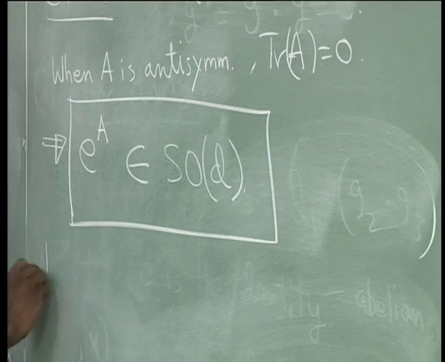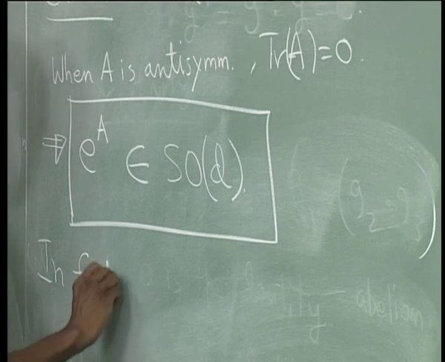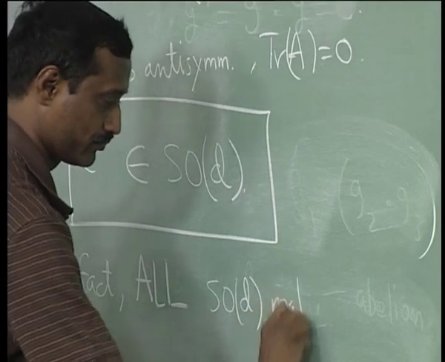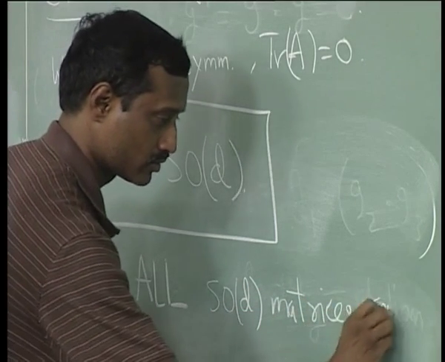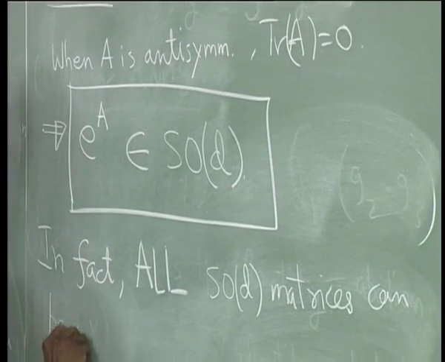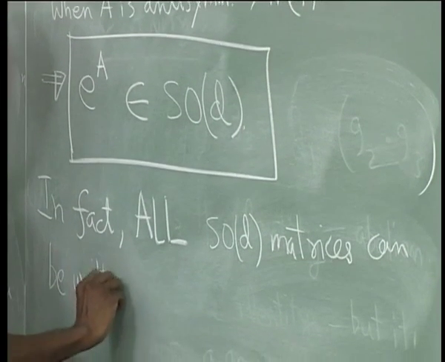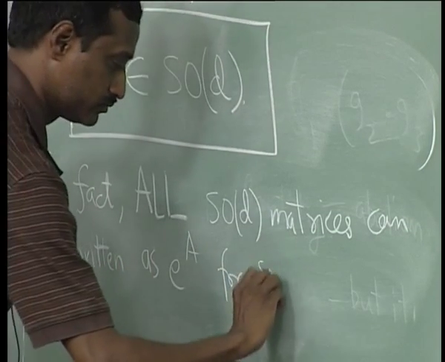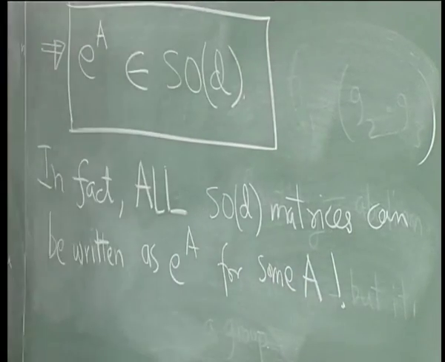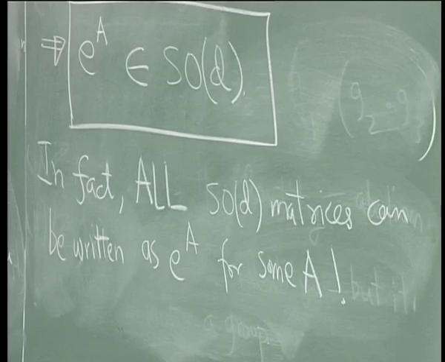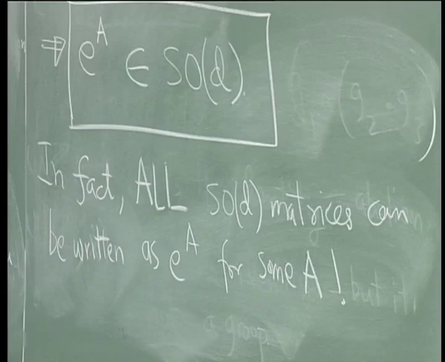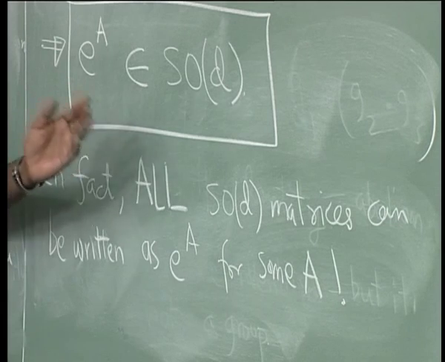In fact, every SO(d) matrix can be written as e power A for some A. And this is related to the theory of Lie groups and Lie algebras. This is something which we will come back to later in the course, but this is just to show you at least one part of the story you can check, that is e power A gives you an SO(d) matrix.